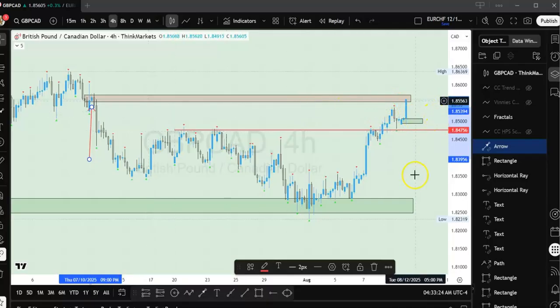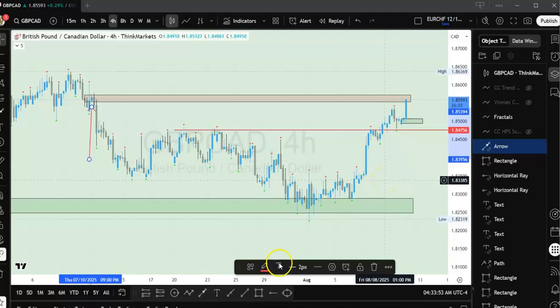Looking at this, because I'm still in a GBP CAD trade, I'm hoping it will sell from this level, come down here to this green level, take a buy, and go up higher. We all know GBP CAD is a buy from the monthly, weekly, daily, 8 hour, and 4 hour.